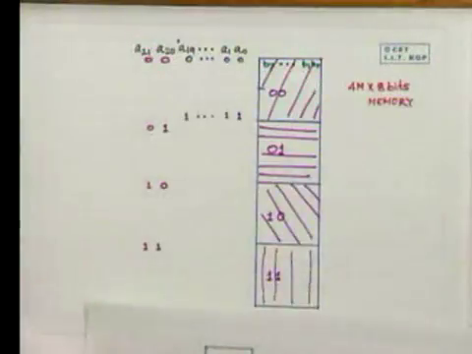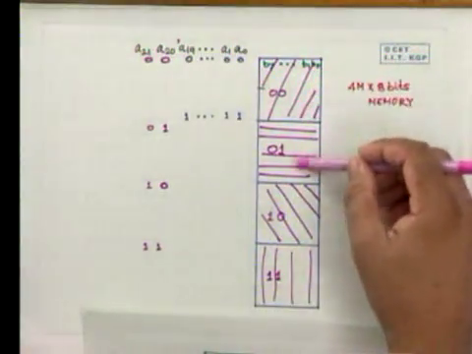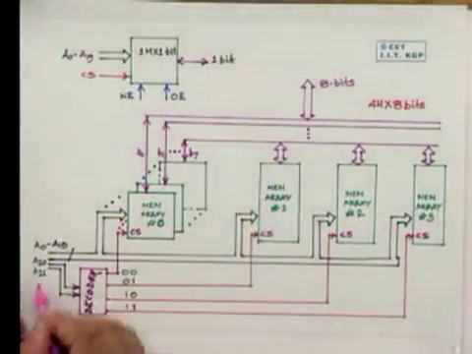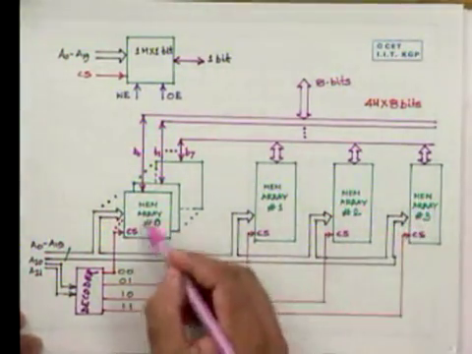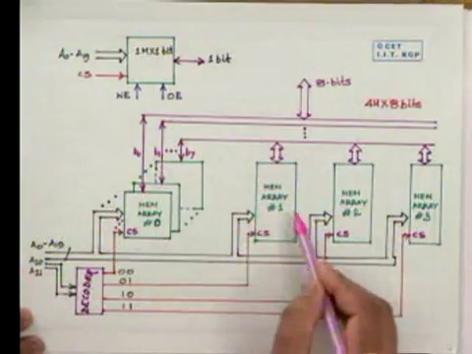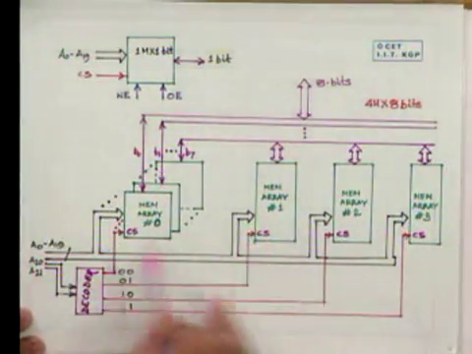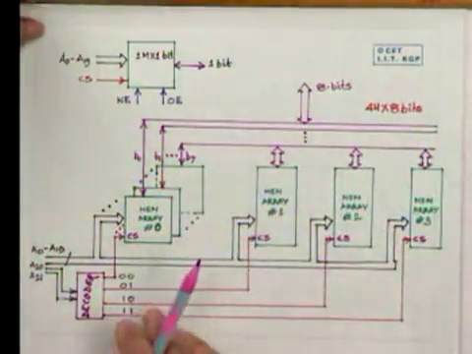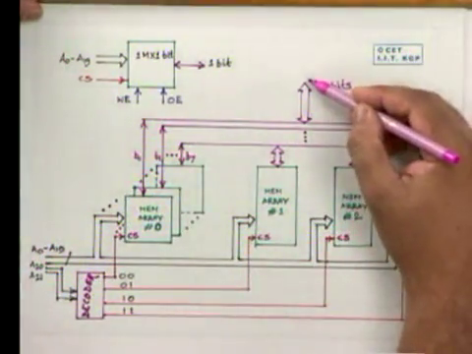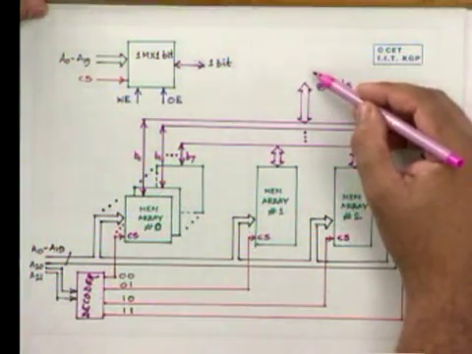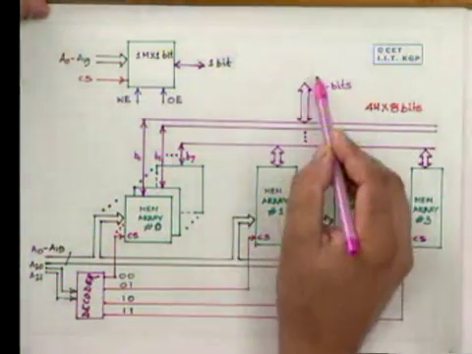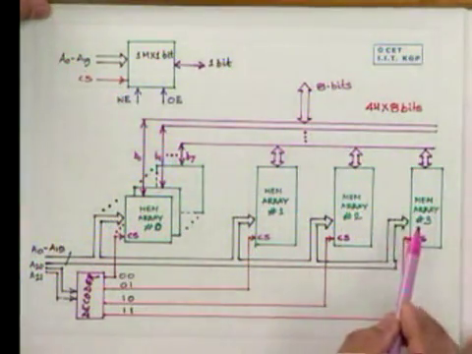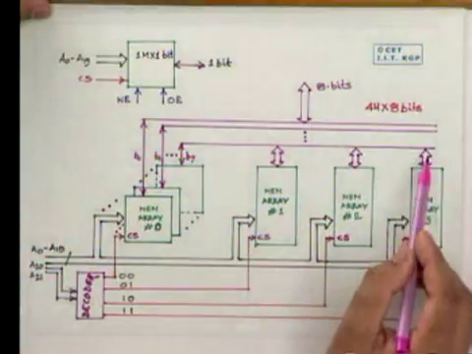Now, for this 4 megabyte of information, this one, this one, this one, and this one will be selected by A20, A21. Each byte in each memory array will be selected by A0 to A19, thus giving us a memory organization where we can have 8 bits, or 1 byte, as output, and we can select any one address out of this 4 megabyte.